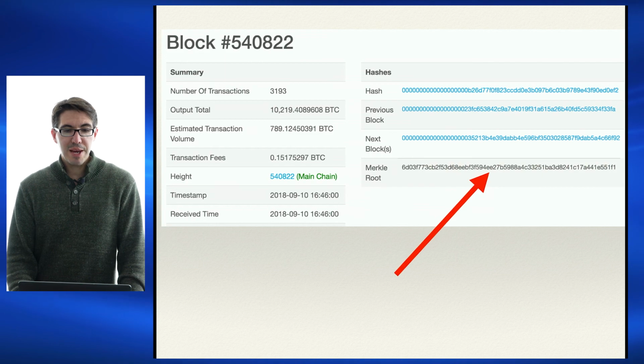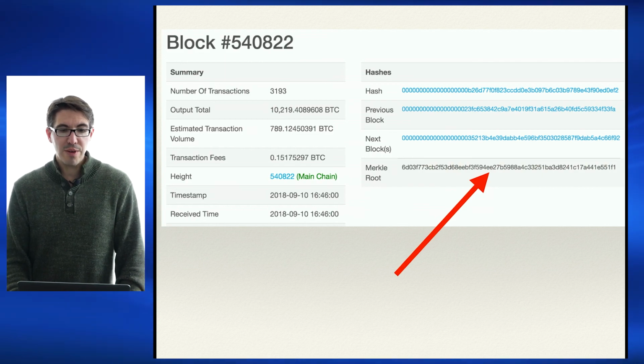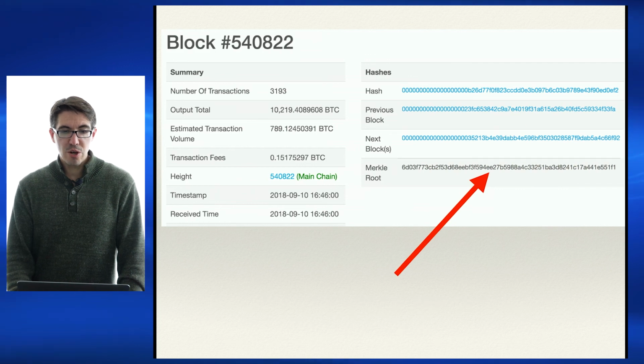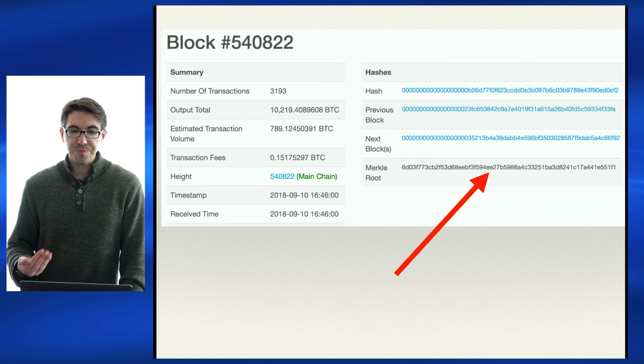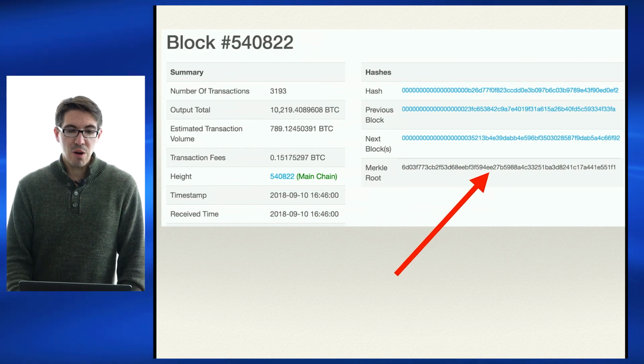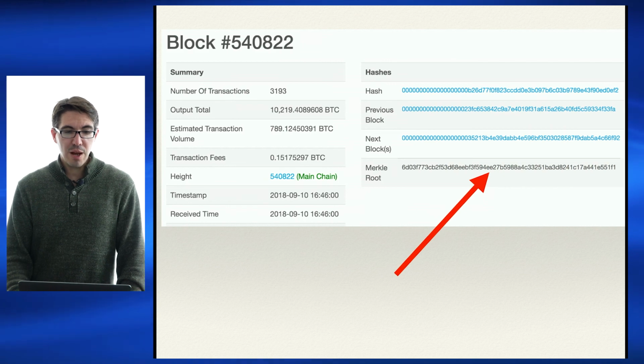So this is from a recent Bitcoin block, number 540822. Since we've discussed a lot of what these values are and what they mean, I just wanted to show you an actual Bitcoin block.